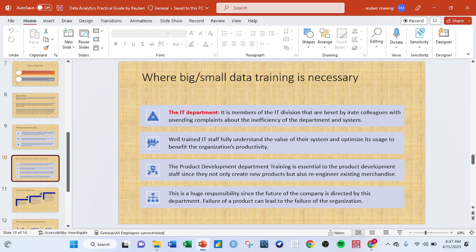You must do a lot of analysis, introduce statistics, and be equipped on how to use data analytics. This is a huge responsibility since the future of companies is directed by this department. Failure of the product can definitely lead to the failure of the organization.